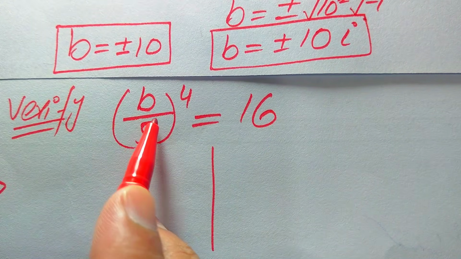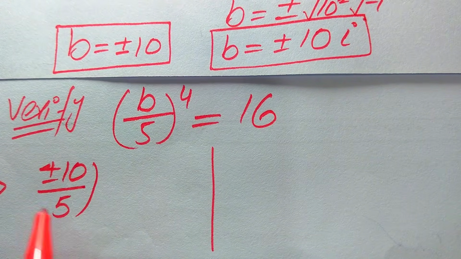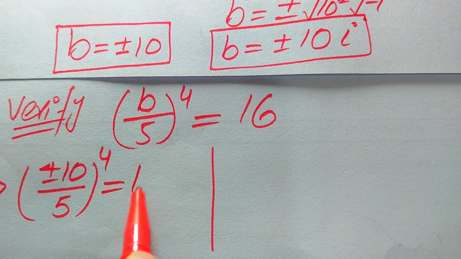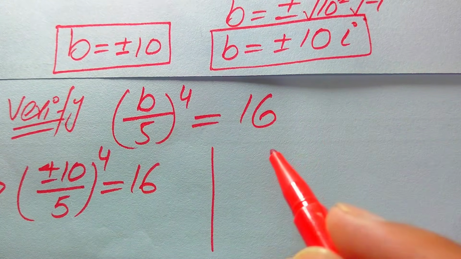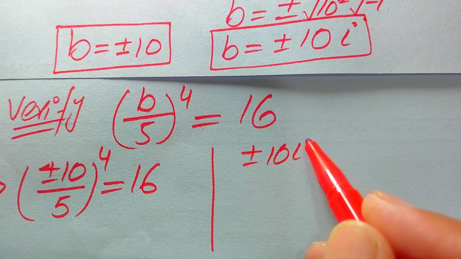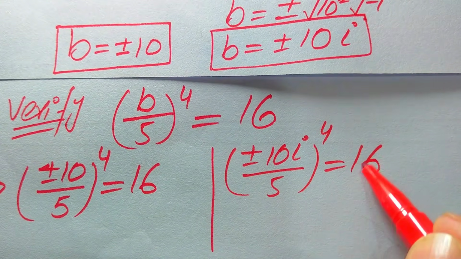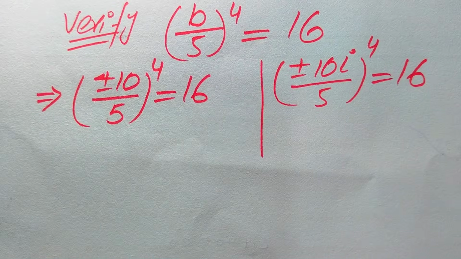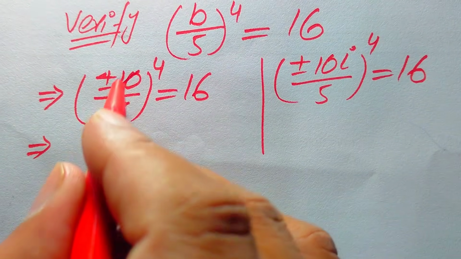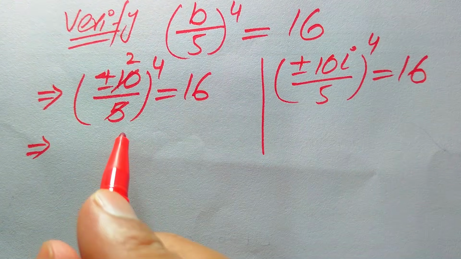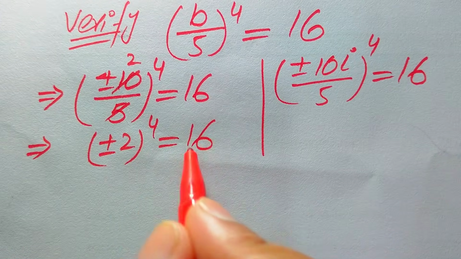So first we put these two values here, and it becomes plus minus 10 divided by 5 and its whole power 4 equals 16. In the same pattern, we substitute the other values and we get plus minus 10 iota divided by 5 and its whole power 4 is also equal to 16. In the next step, we simplify: 5 times 2 becomes 10, and we get plus minus 2 to the power of 4 equals 16.